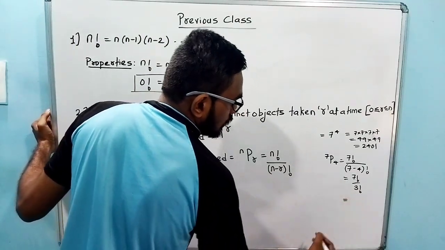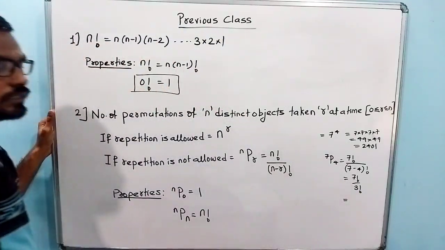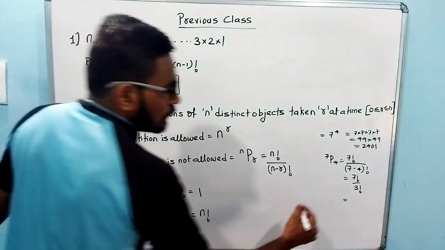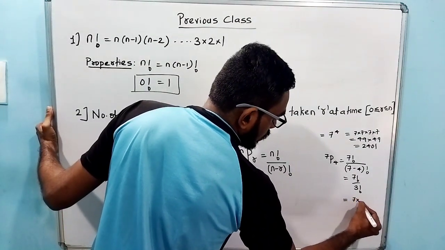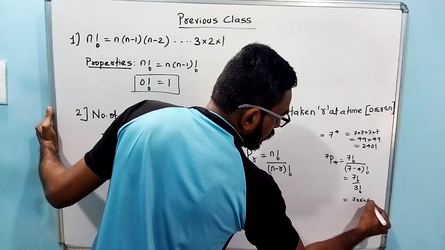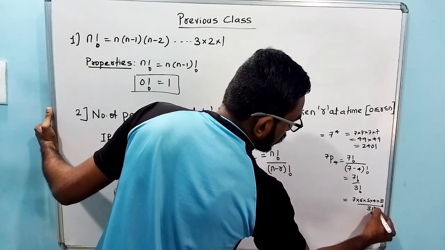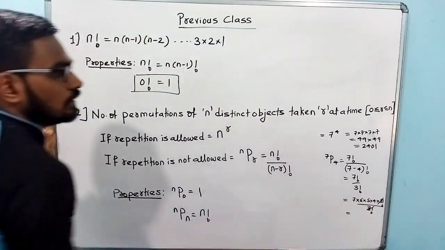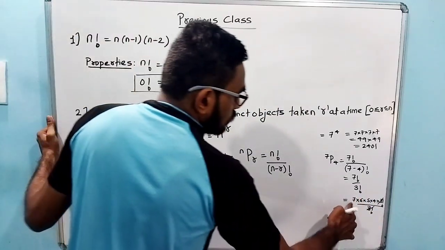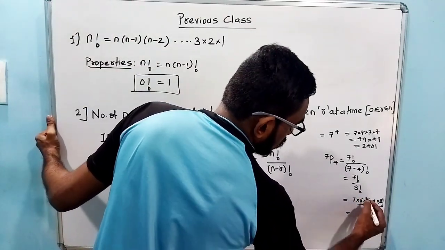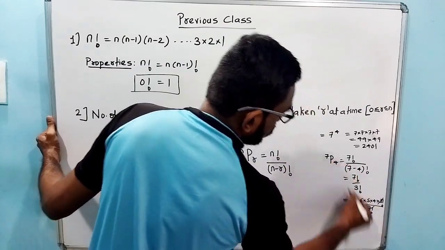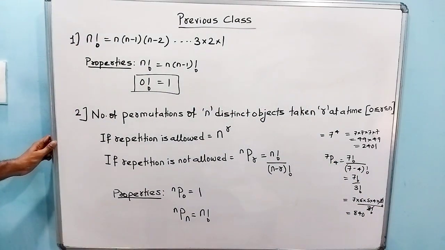So 7 factorial we can write as 7 into 6 factorial, and 6 factorial we can write as 6 into 5 factorial. So 7, 6, 5, 4, 3, and we can cancel this with this. 42 into 20, so 840. So 7P4 is 840.